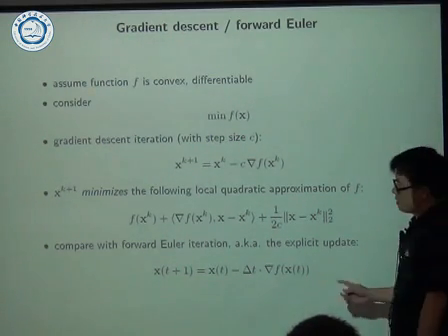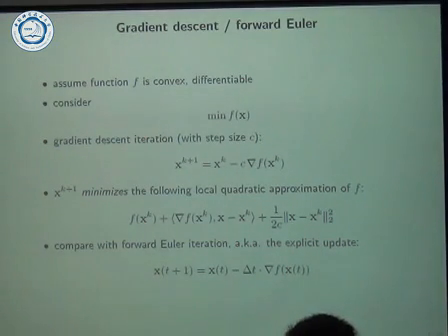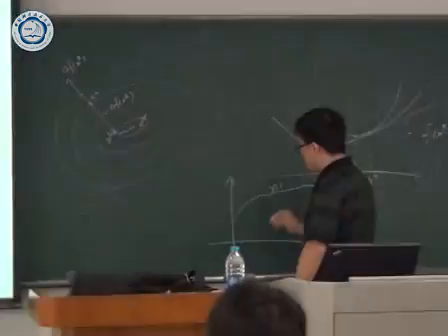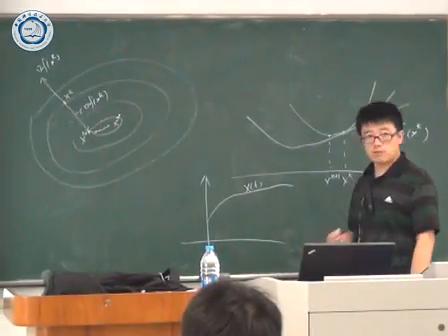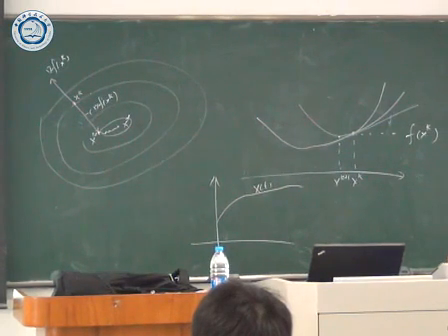But this ODE is a different thing. ODE doesn't minimize anything. ODE just wants to evolve, let's say, a curve. This curve is called x of t. You want to evolve this ODE, follow this curve, but you can't follow it at very small steps because that'll cost lots of computation.